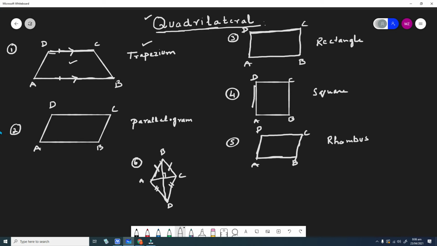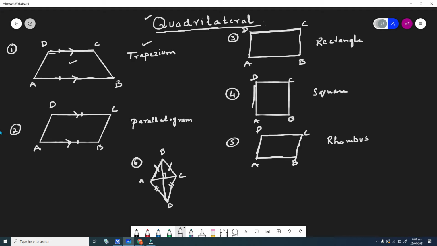Now the second figure is parallelogram. There are many properties of a parallelogram. The first one is that its opposite sides are parallel. AB is parallel to DC, and not only is AB parallel to DC, AB is also equal to DC.